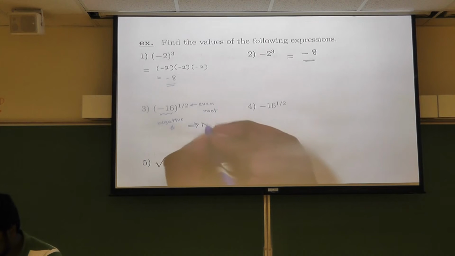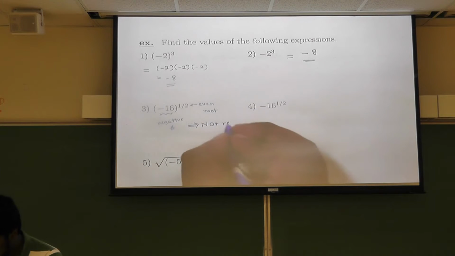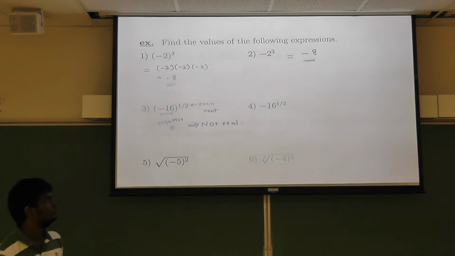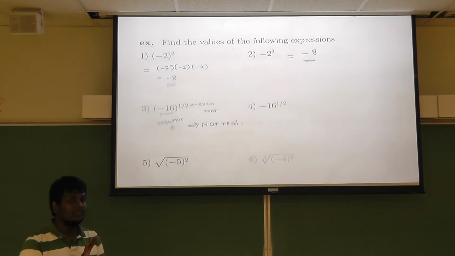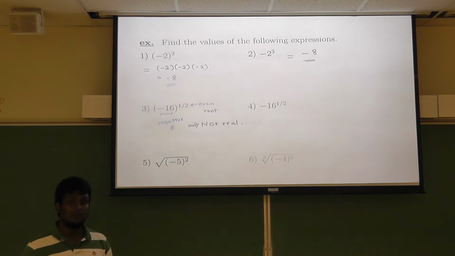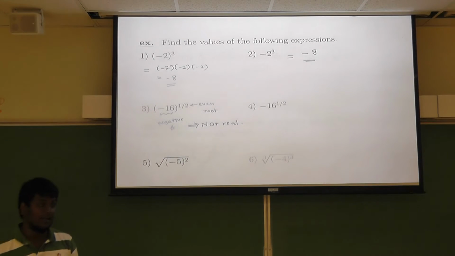So we can just say not real. We can use that and say the answer does not exist until we learn complex numbers. After that, you can say this is actually 4i, but right now it's not real.